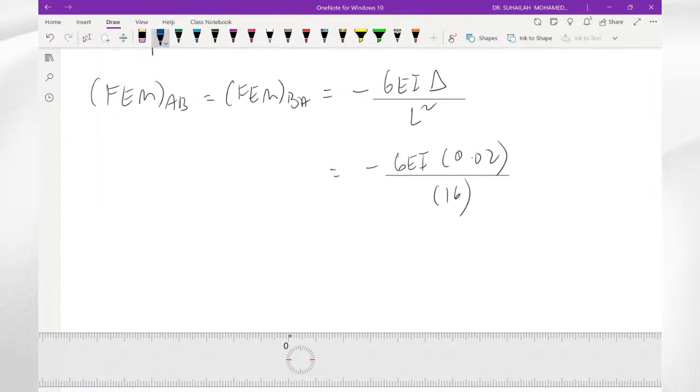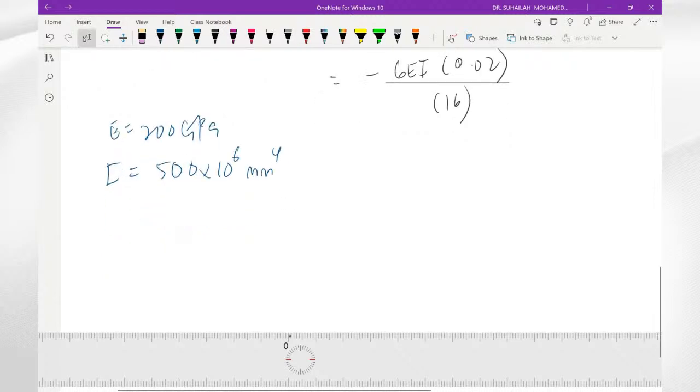Then substitute EI. E is 200 GPa. When we have a support settlement question, EI is needed, because with EI then only we can calculate FEM due to settlement. I is 500 times 10 power of 6 mm4.